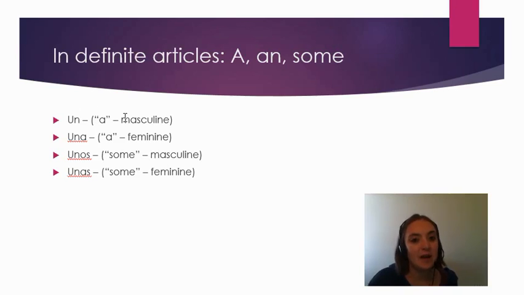So if I want to say a, I'm either going to say un if I'm putting it in front of a masculine word, or una in front of a feminine word. If I want to say some, if I'm going to use a masculine word that's more than one, I'll say unos. And if I want to say some with feminine things, I'll say unas. Notice the AS ending for female plural, the OS for masculine plural.